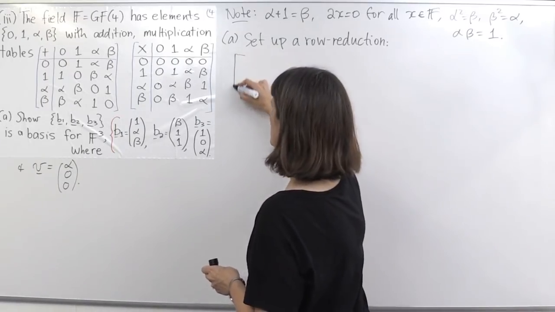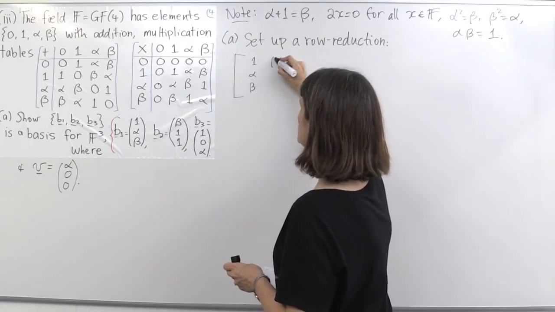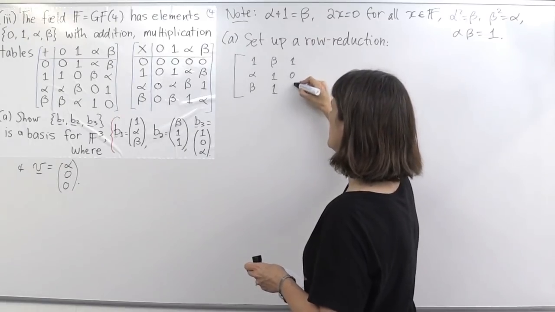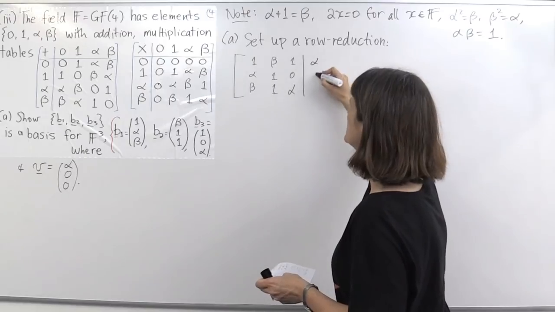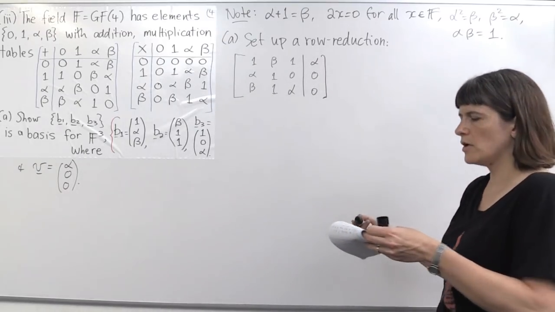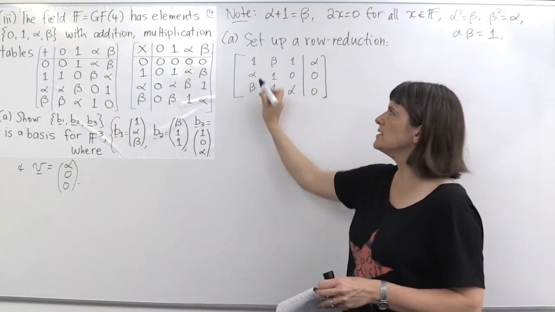Okay, so we need the vectors from B1: 1 alpha beta, beta 1 1, 1 0 alpha, and because I know what's coming, I'm also going to put the right hand side alpha 0 0, which we don't need for part A, but just to save us repeating the work. And just as in a normal row reduction, we want to clear this first column.